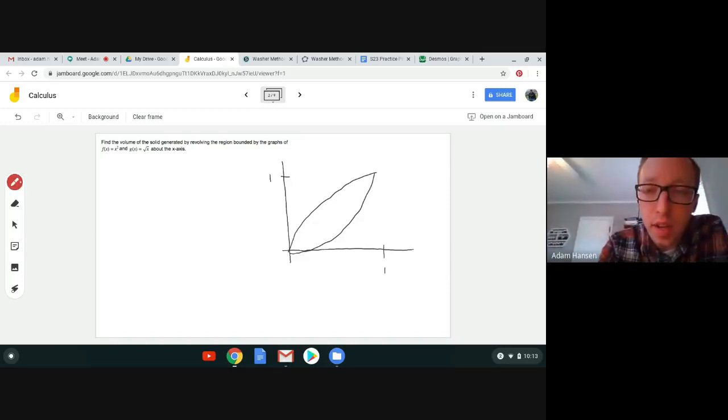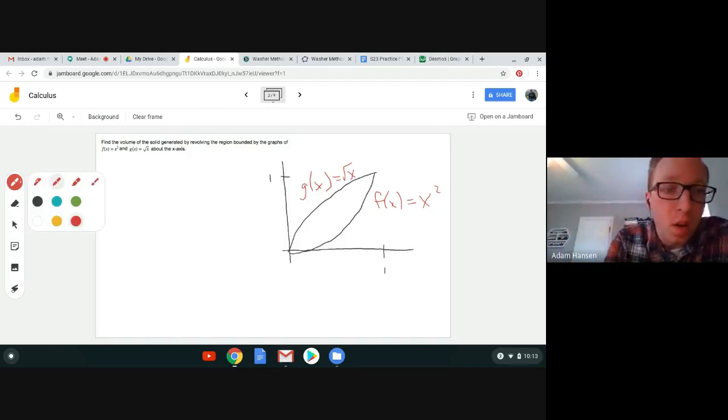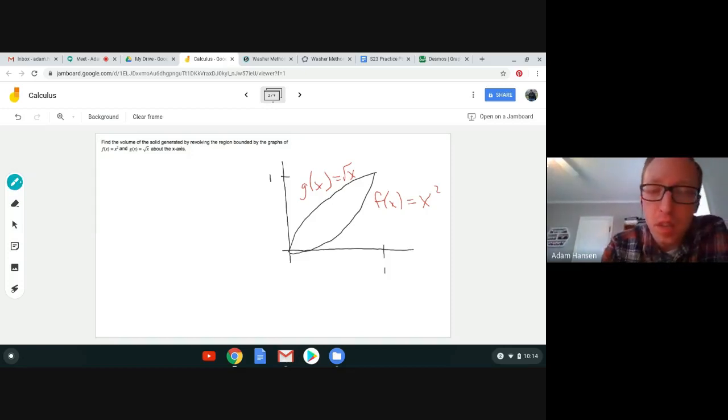All right, so we have f of x equals x squared. G of x equals the square root of x. Now we have a washer method scenario, so let's identify what the large and small radiuses are.